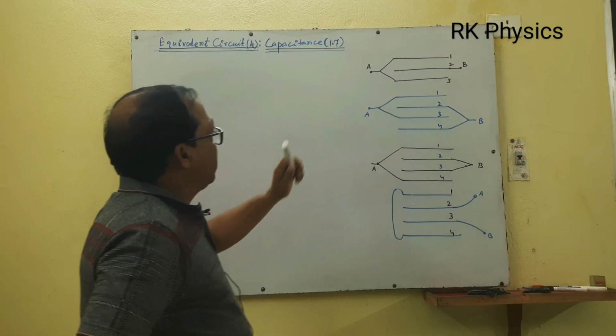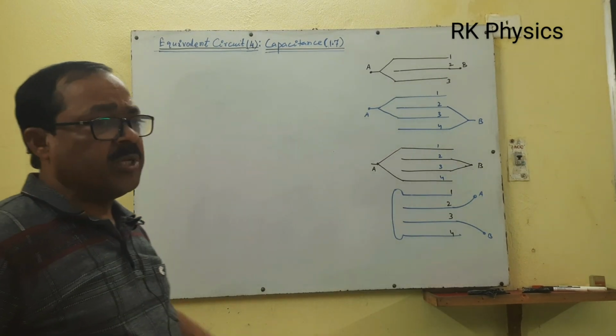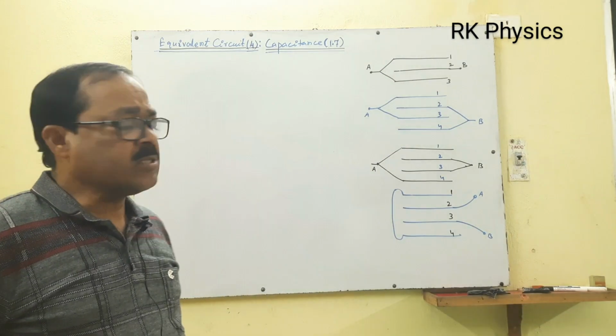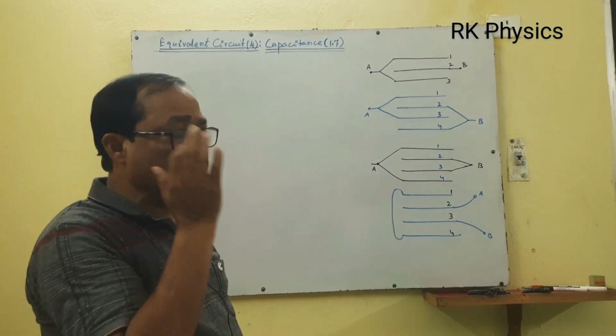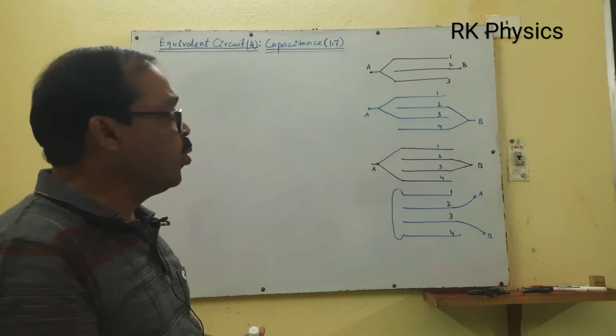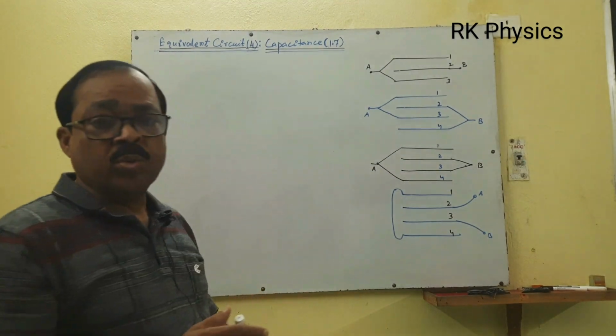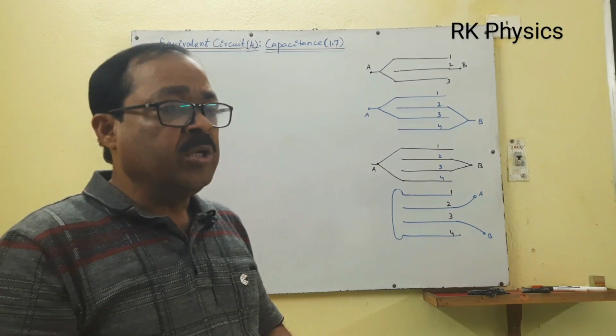First, in the first figure there are three plates: 1 and 3 are connected to point A, and B is connected to plate 2.